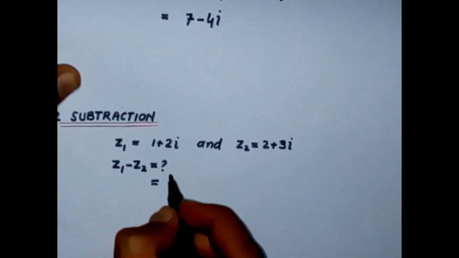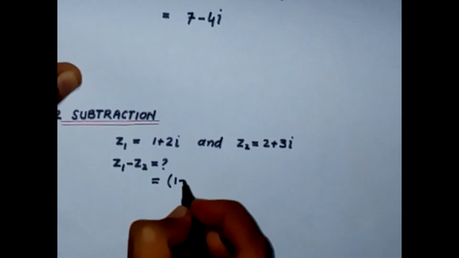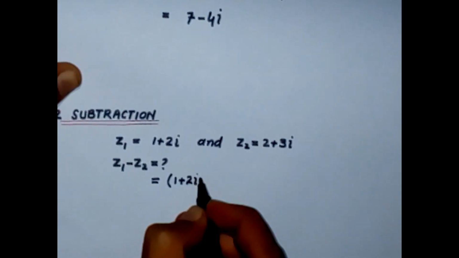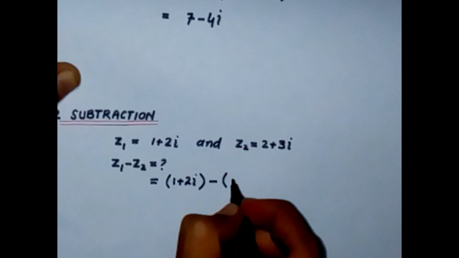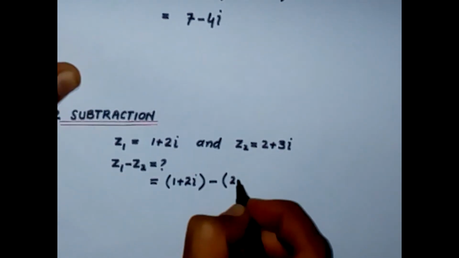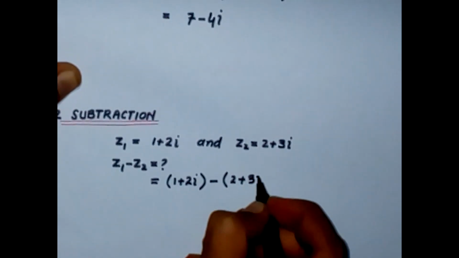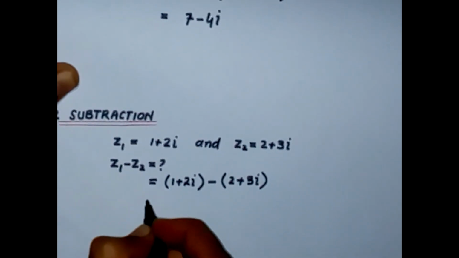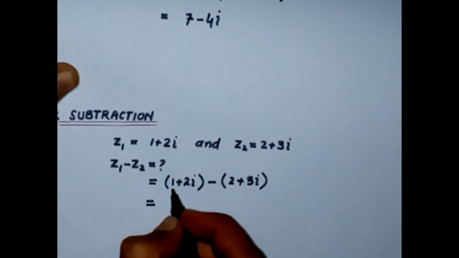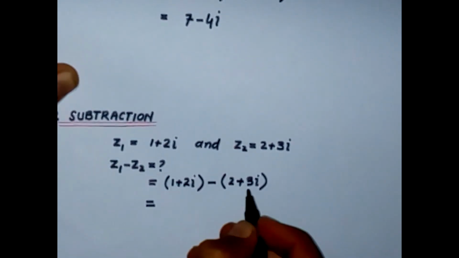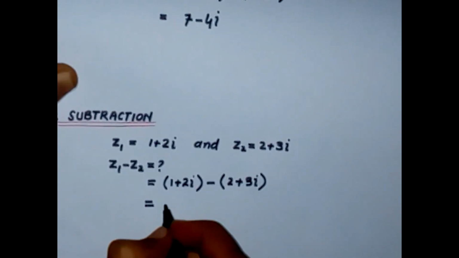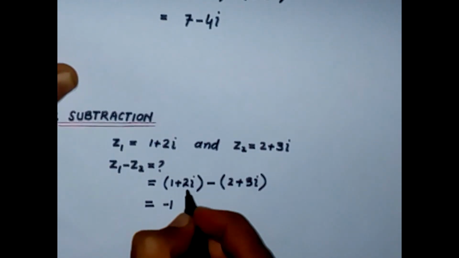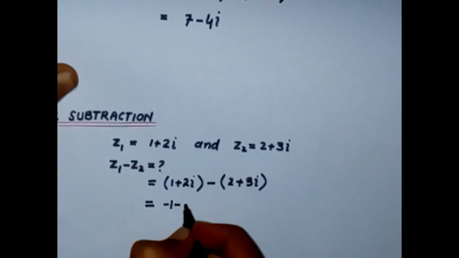Now let's put the numbers: 1 plus 2i minus 2 plus 3i. Subtract the real from the real and the imaginary from the imaginary. 1 minus 2 gives minus 1. 2i minus 3i gives minus i.